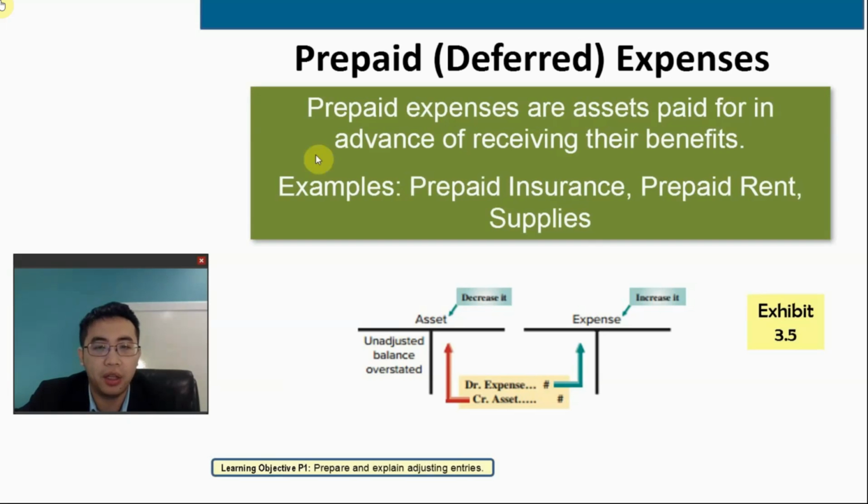And then on the expense general ledger, there is an increase in rent expense, that's 100. And for assets, there is also a 100 decrease. For expense, that is a debit. Whenever an expense is incurred, that's a debit. And for assets, your prepaid rent dropping from 1,200 to 1,100 should be a credit.